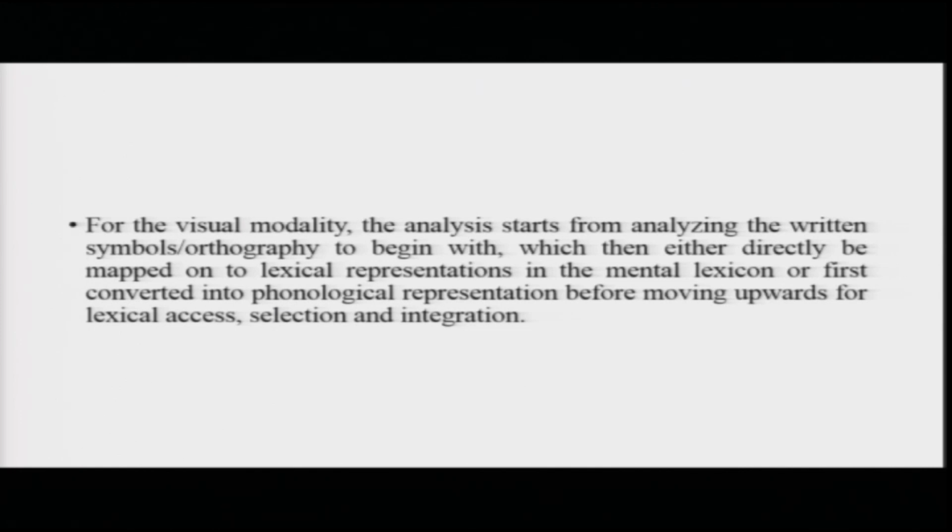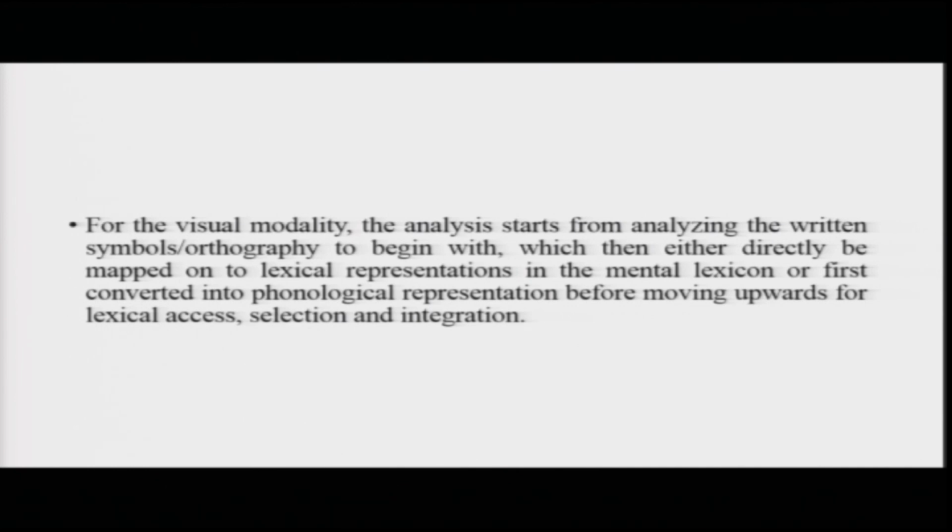So, once you have analyzed and got the spelling, irregular words like bouquet and genre are directly matched with the lexical representations, or you do the grapheme to phoneme conversion, you convert written to sound and then match it. So, both of these things are done. Once you have this output, you will perform lexical access, selection and integration.